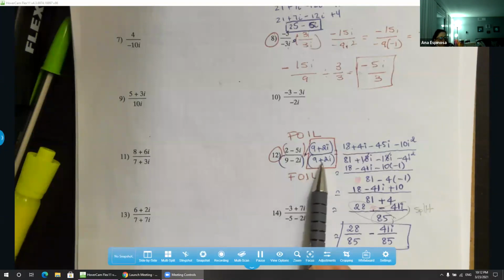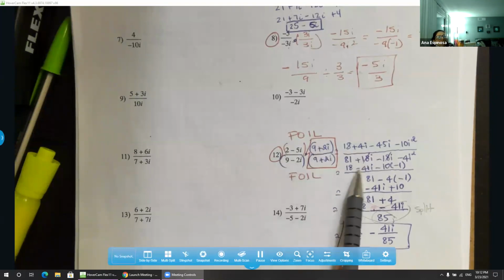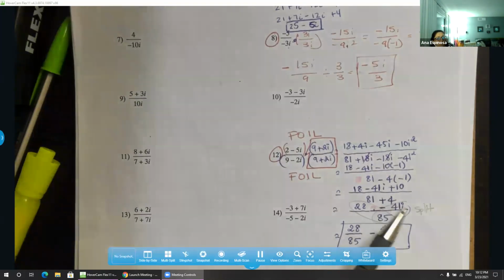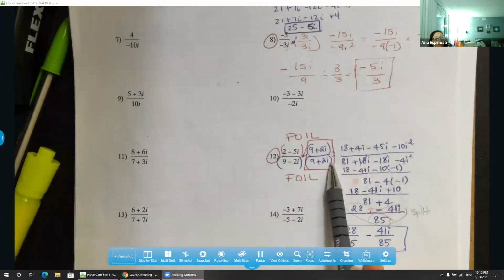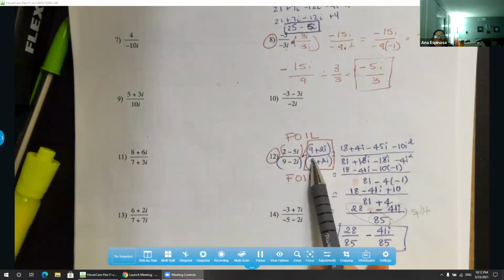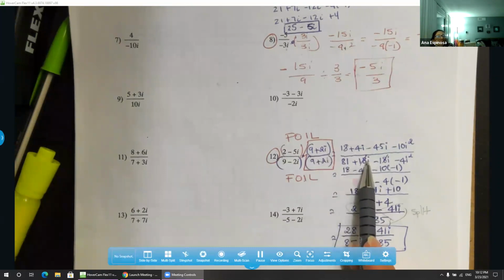So you would change that sign, and then you would FOIL the denominator, FOIL the numerator. When you FOIL, like this student, because I had students do this, this specific student FOILed everything out. But the shortcut to multiplying conjugates together is the fact that the middle pieces will cancel.